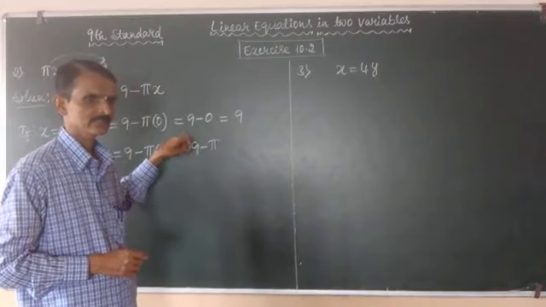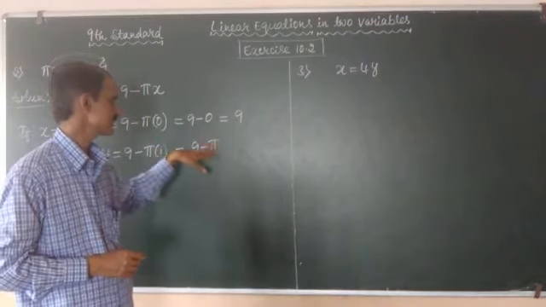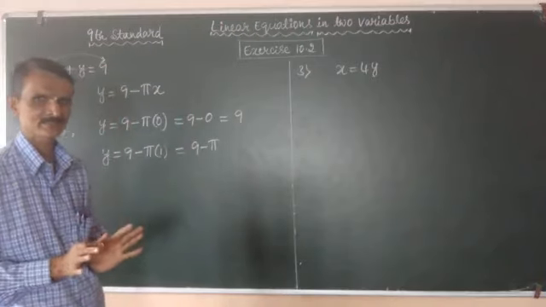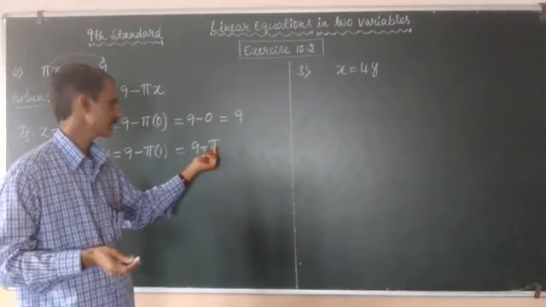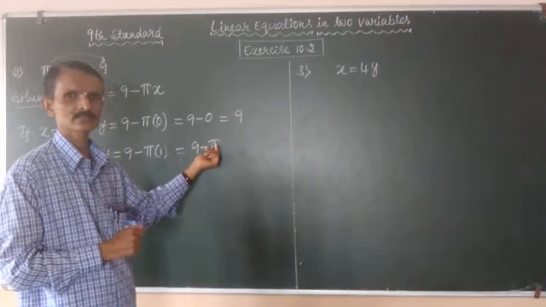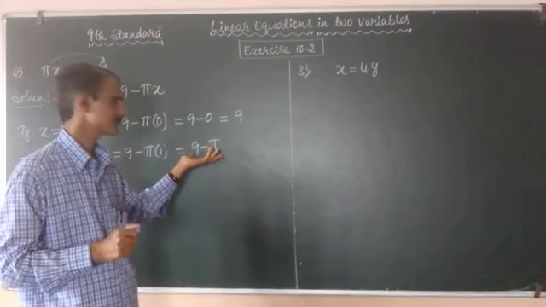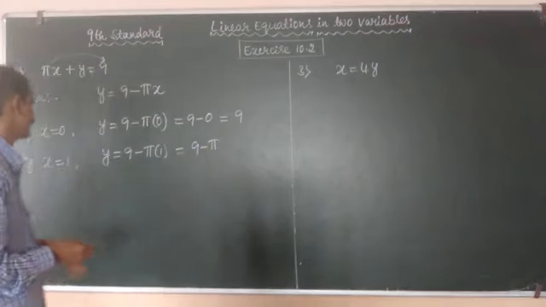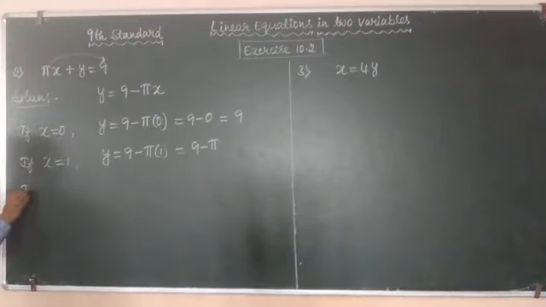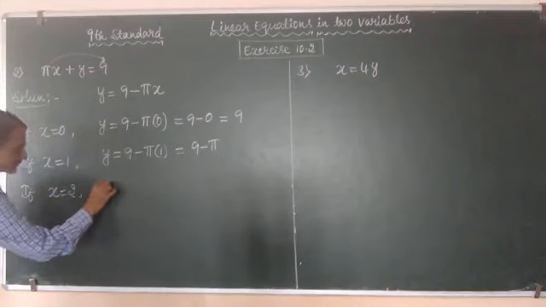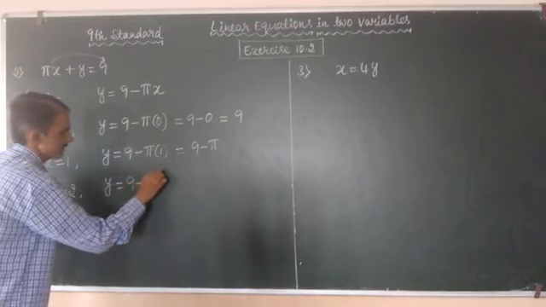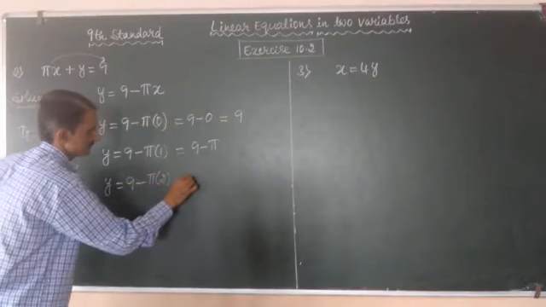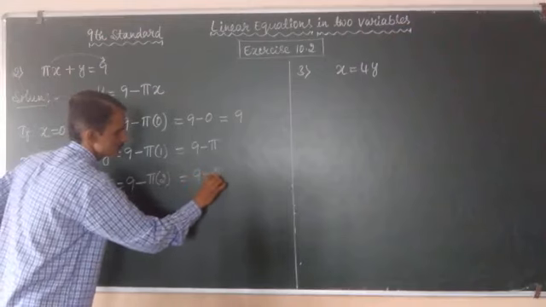So here we will simply write 9 minus 5 as it is. ಈ 5 ವ್ಯಾಲ್ಯೂ 22 by 7 ಆಗಿ ತಗೋಬಹುದು, ಇಲ್ಲ 3.14 ತಗೋಬಹುದು. ಇಲ್ಲಿ ಏನೋ ಮೆನ್ಷನ್ ಮಾಡದೇ ಇರೋದ್ರಿಂದ ಅದನ್ನು ಹಾಗೆ ಬರೆಯೋದು ನಡೆಯುತ್ತೆ. 9 minus 5 ಅಂತ. If x equals 2, then y equals 9 minus 5 into 2 equals 9 minus 2, 5.